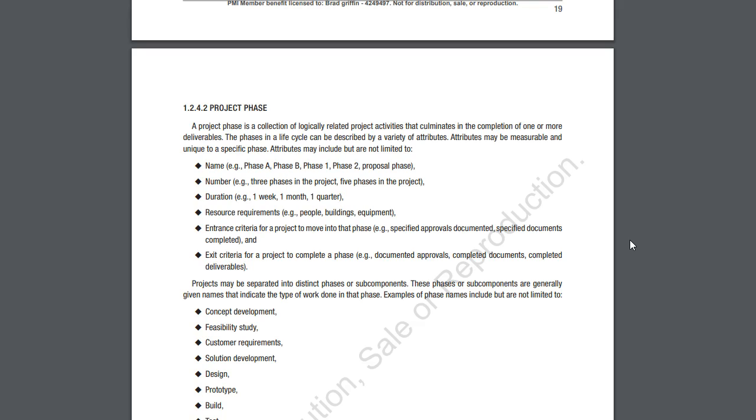And then as these individual phases, sometimes we have to look at how do we move from one phase to another? What has to be completed for us to move to the next phase of our project? What kind of deliverable has to be created? So, if I'm going to write a 10-page paper, are there phases to that paper? When I write a paper, do I have to research it?